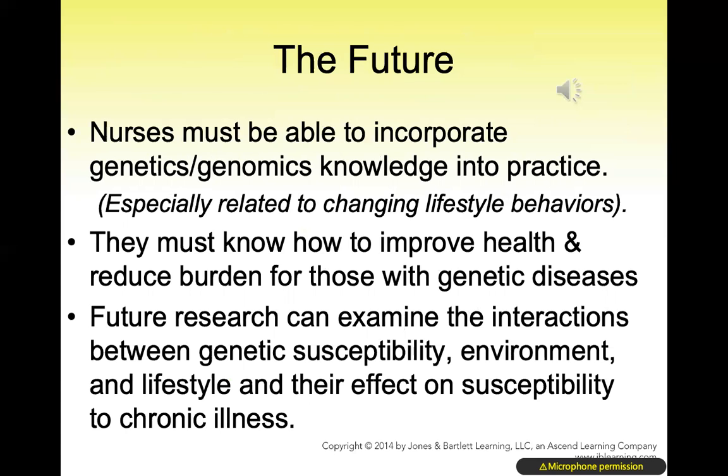This slide encourages the role of nurses in this field. It also mentions future research needs to look at the interaction between genetic susceptibility, environment, lifestyle, and their impact on susceptibility to chronic illness especially.